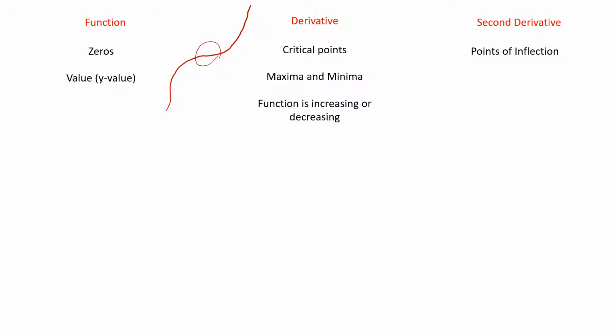A point of inflection is when the concavity of the function changes. Concavity is the curvature of the function. We have concave down, which means it's curving down. We have concave up, which means it's curving up.